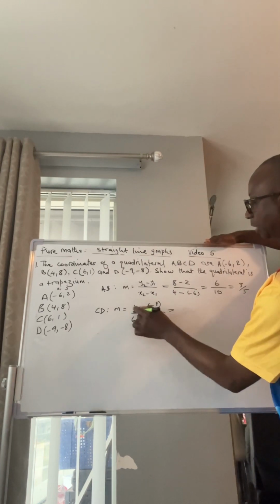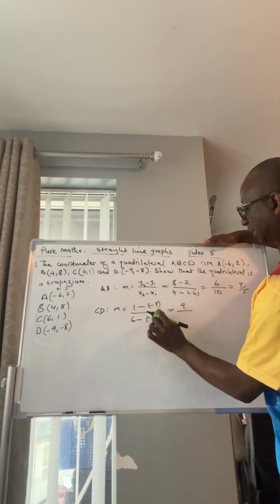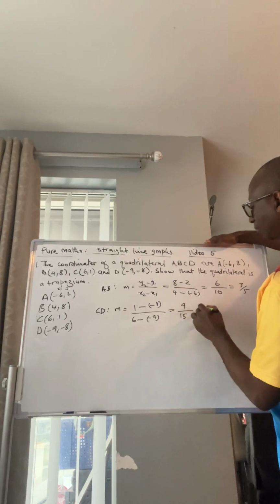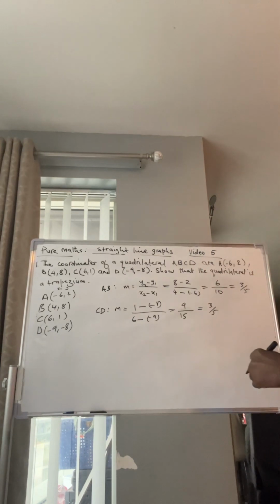So this gives us 1 plus 8, which is 9, all over 6 plus 9, which is 15. So what do you get? 3 over 5. So straight away we have found two lines that are parallel.